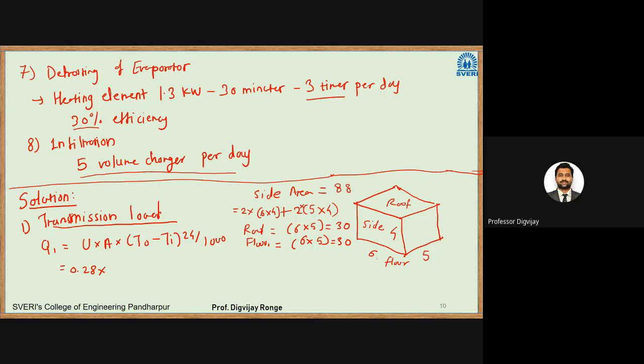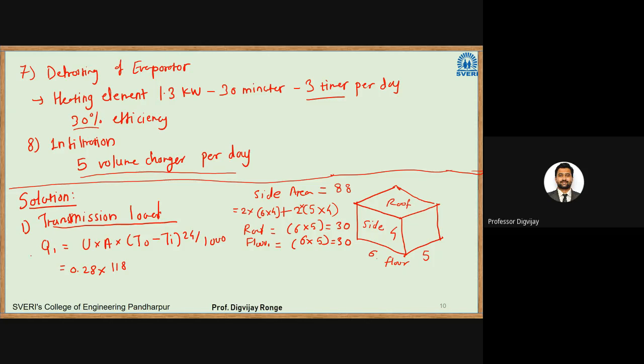Okay, I think I am correct. 88 plus roof area 30, that will be 118. So our area in this case will be 118.